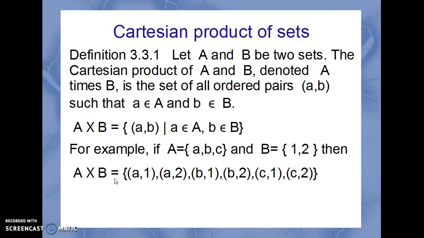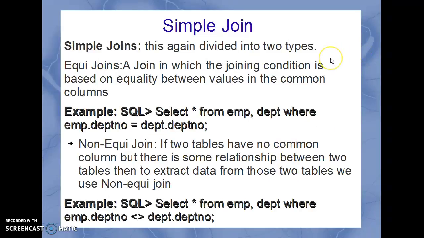Next, the simple join operation. A simple join gives an equality between two tables, or a table and itself.